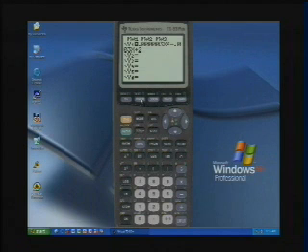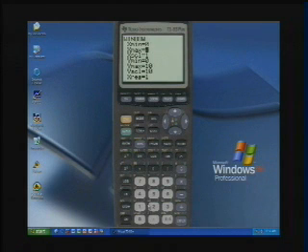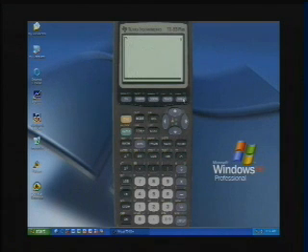Then I'm going to set my window from 0 to 500 with a scale of 500, and then from 0 to 2 with a scale of 2. And let's graph this.